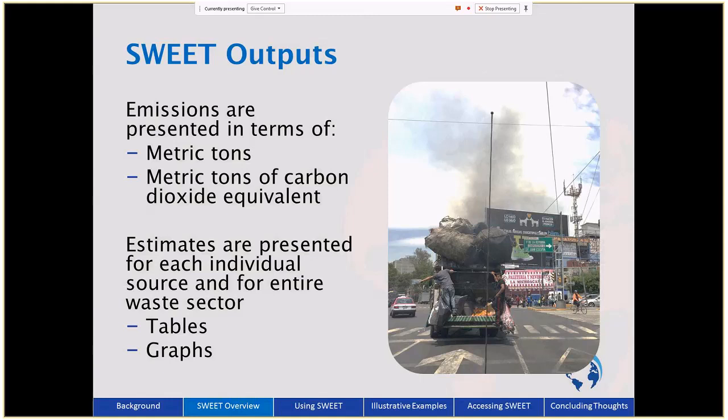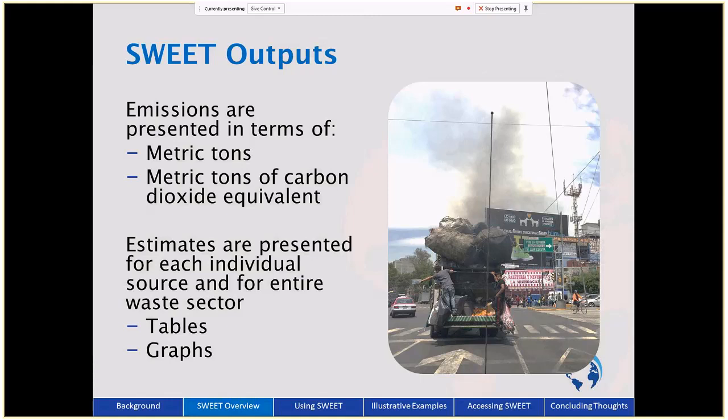In terms of outputs, Suite generates emissions of pollutants and presents them in terms of metric tons and also metric tons of carbon dioxide equivalent. Only pollutants that are either greenhouse gases or otherwise have an impact on climate can be converted into carbon dioxide equivalent, so we wanted to provide both metrics.